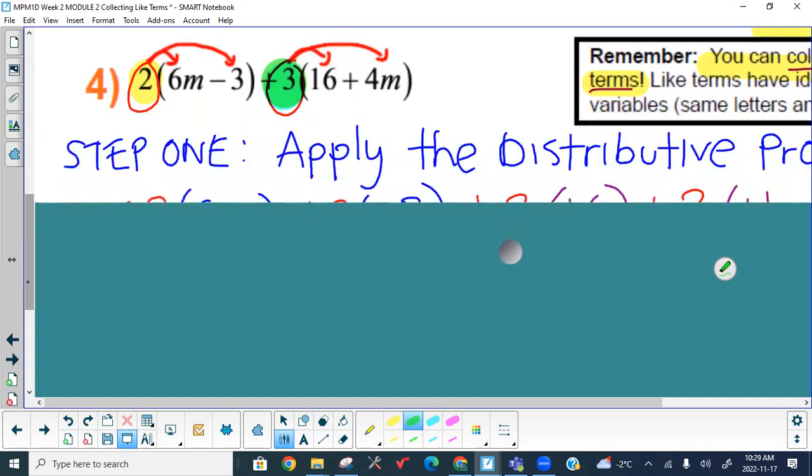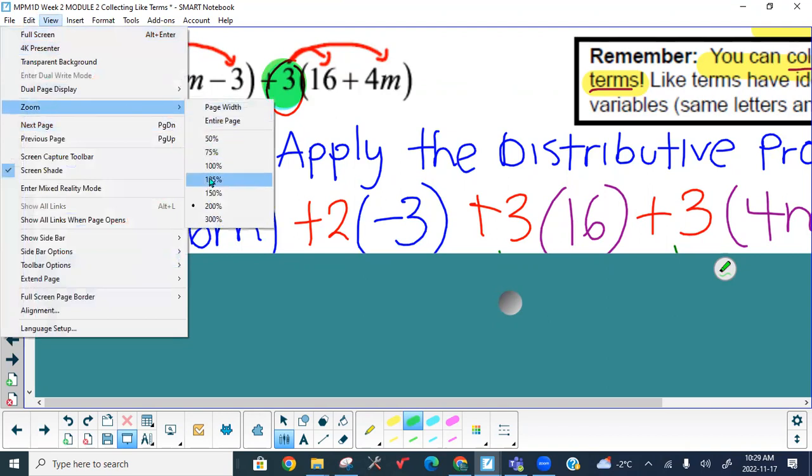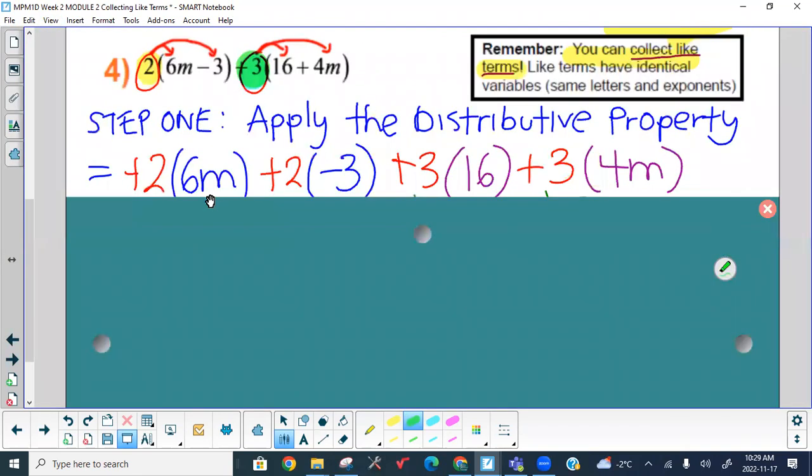Step 1, apply the distributive property. I'm going to zoom out a little bit so I can see more of the equation. And I'm going to color code it. So +2 gets multiplied by my first term, 6m. +2 gets multiplied by my second term, -3. +3 times the first term in the second bracket, +16. +3 times my second term, 4m.